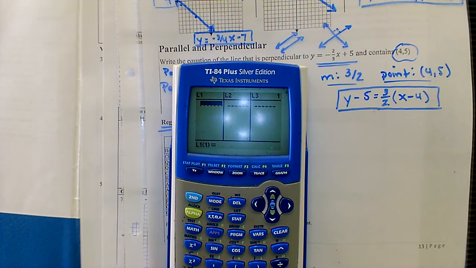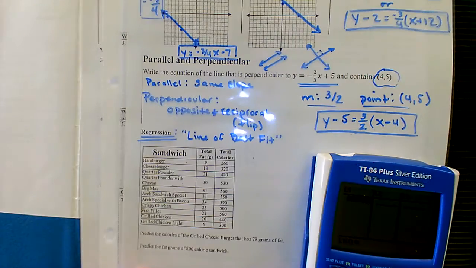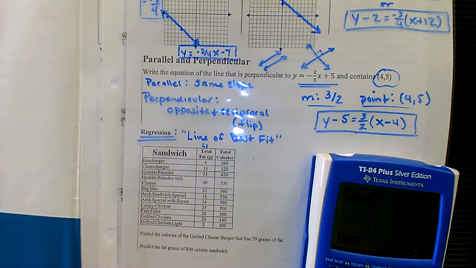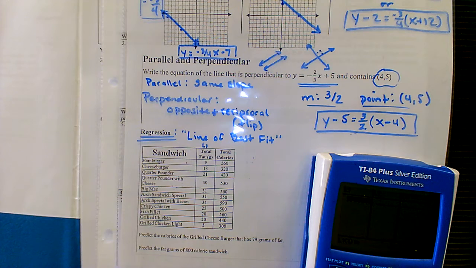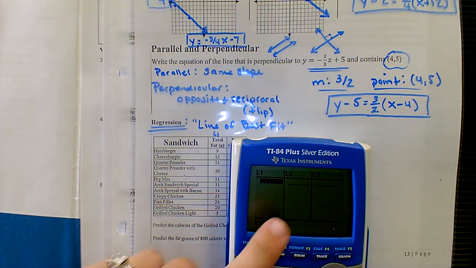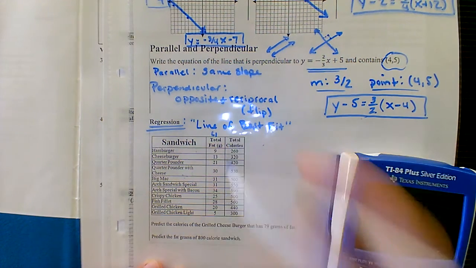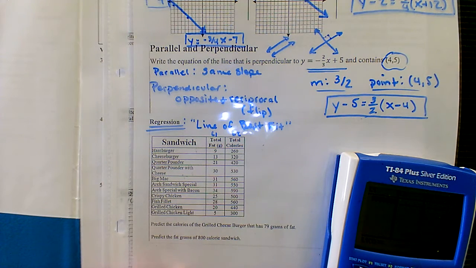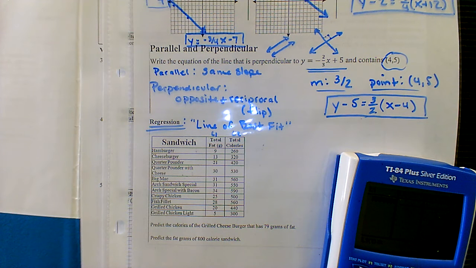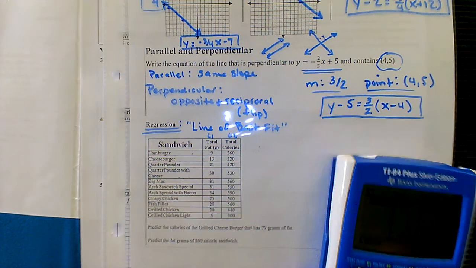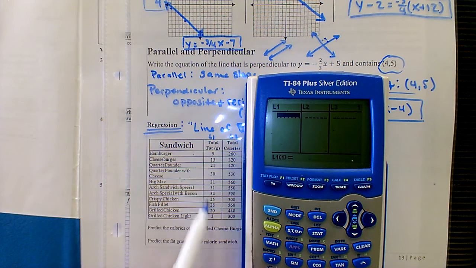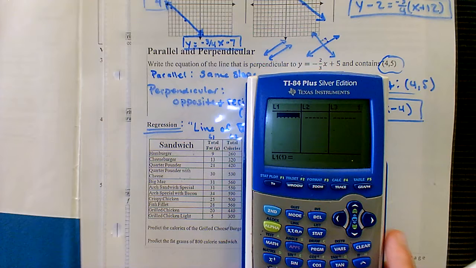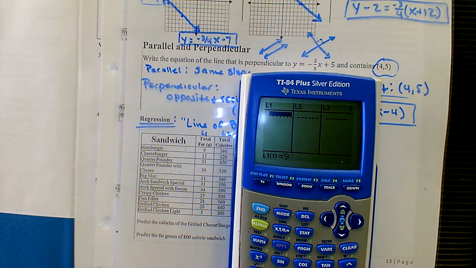Okay, so L1 is representing your X column. In this case, it's the total fat in grams of these different food items. And L2 is representing your Y column. In this case, your calories. So we're going to try to figure out, is there a relationship between the fat in grams of a food object and the amount of calories it has. So what I want you to do is take the time and type in those numbers in L1 and L2. After each number, you're going to have to hit Enter so that it is stored into your calculator.